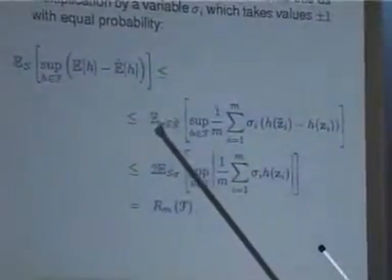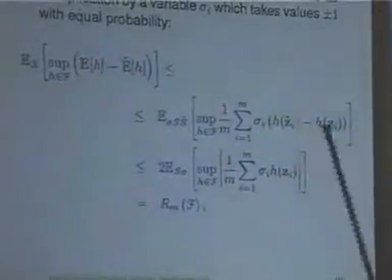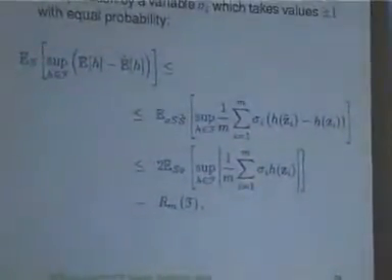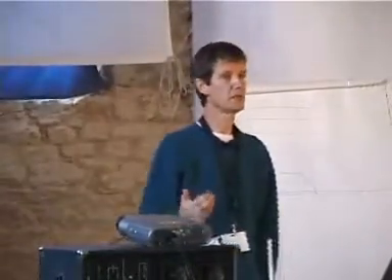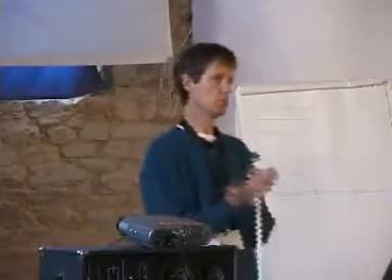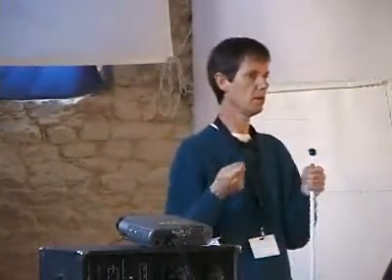So that now is an expectation over the sigma, and because the two samples are generated according to the same distribution, there's nothing special about S and S tilde, they're equivalent.